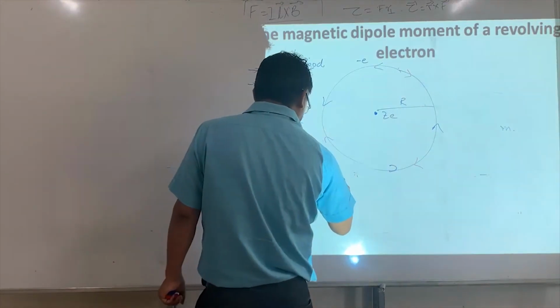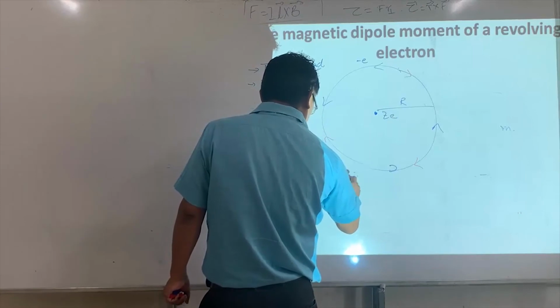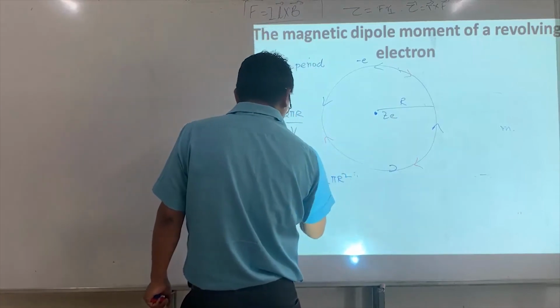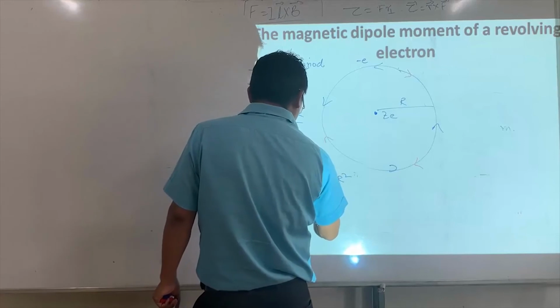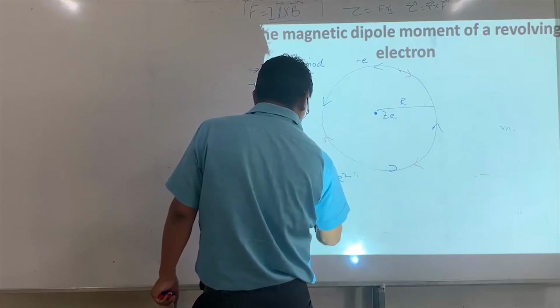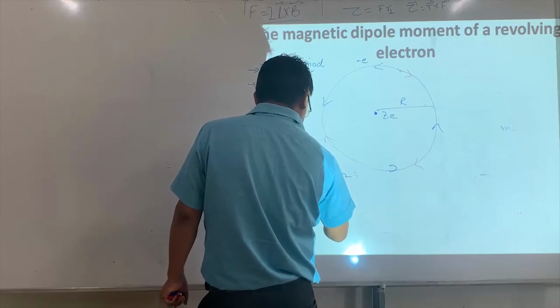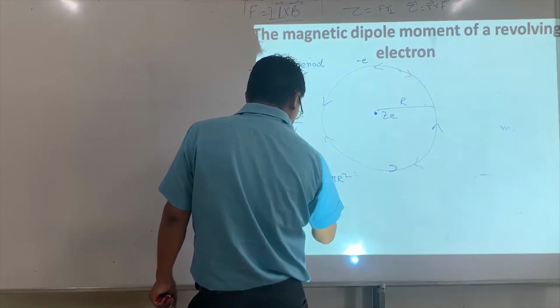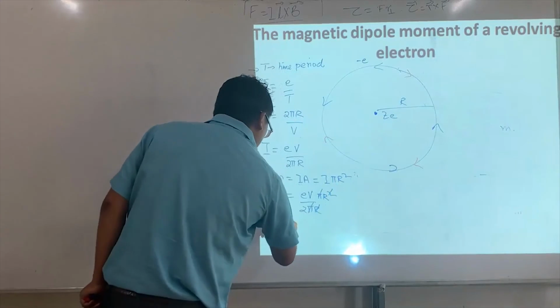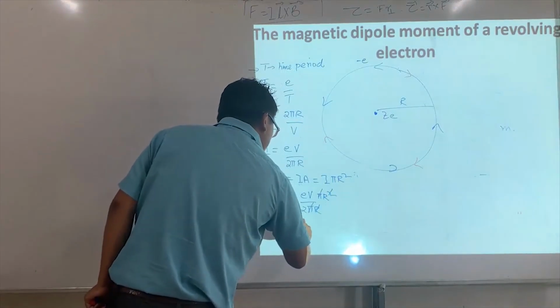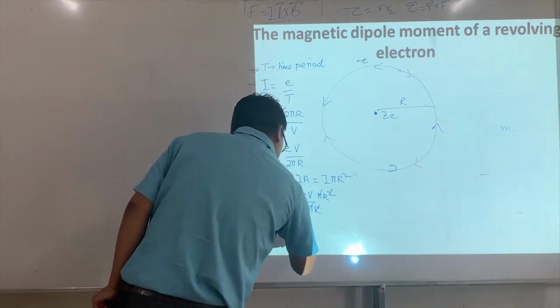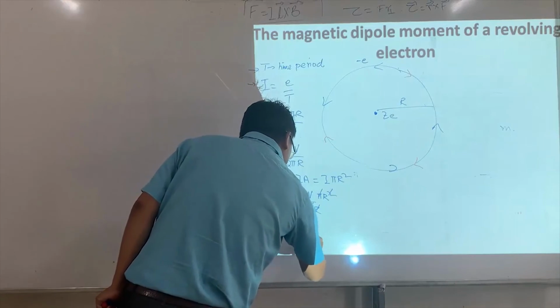I is the current, and A is pi r square. So I is equal to e v divided by 2 pi r, then pi r square, cancel out. Finally, we get this is equal to e v r divided by 2.